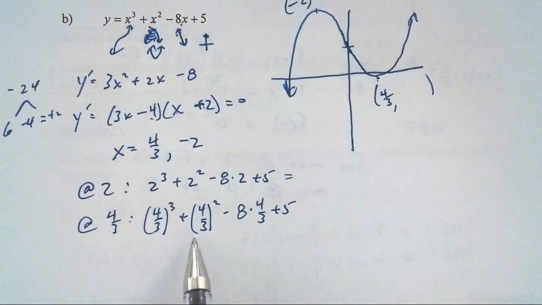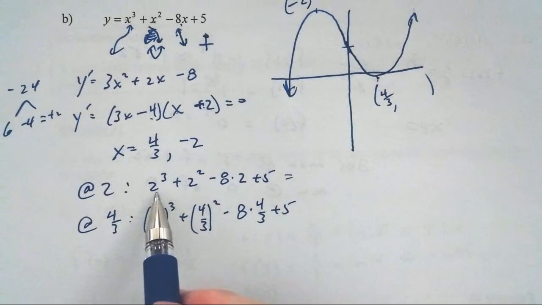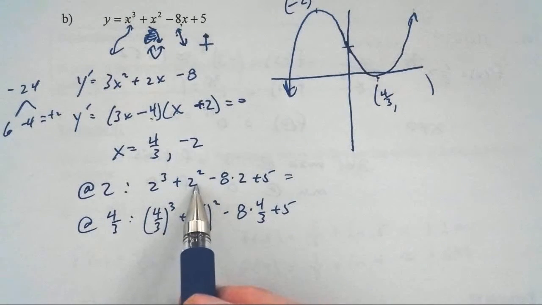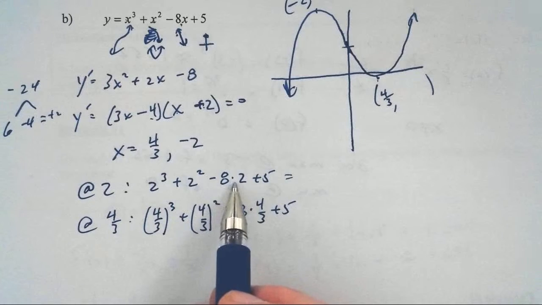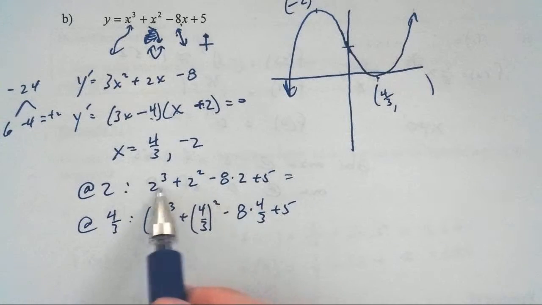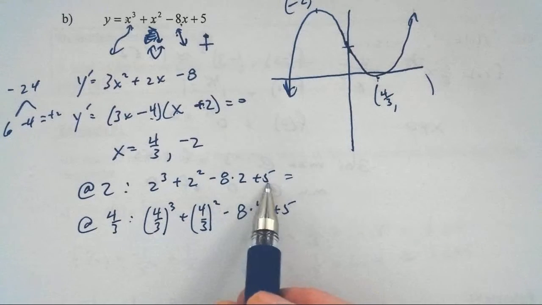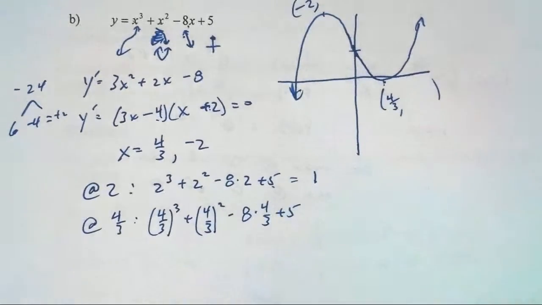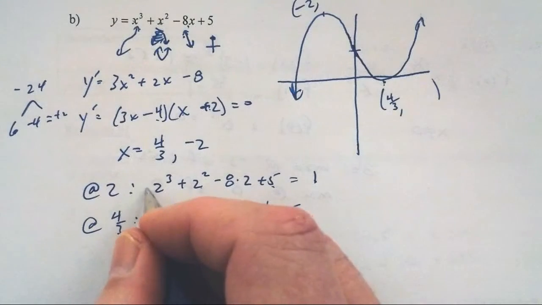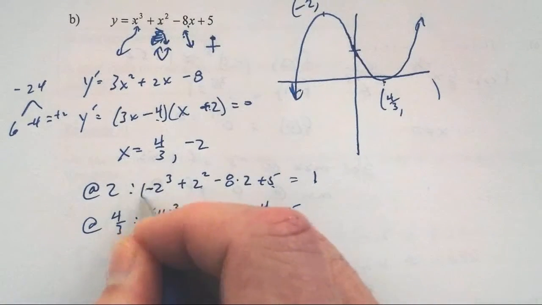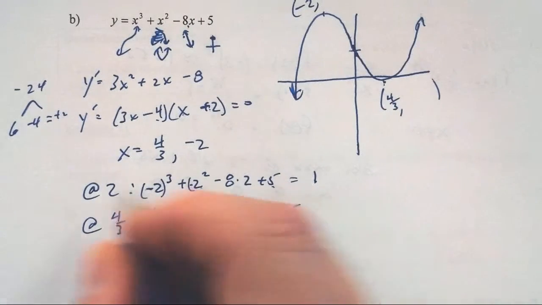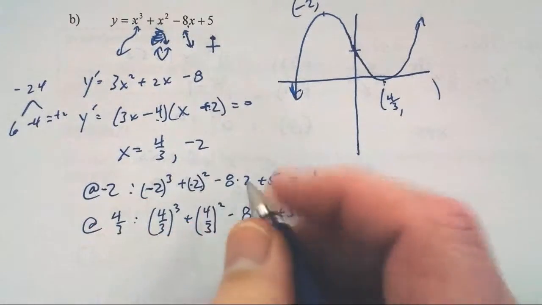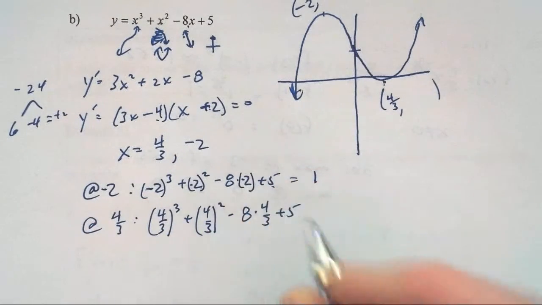I'm going to be a little lazy on this one, but this top one, 8 plus 4, 12, 12 minus 16, or I could go 12, 8 plus 4, 12, plus 5, 17, minus 16, 1. And that is, oh rats, you guys caught that. I know you did. That's negative 2, negative 2, negative 2.